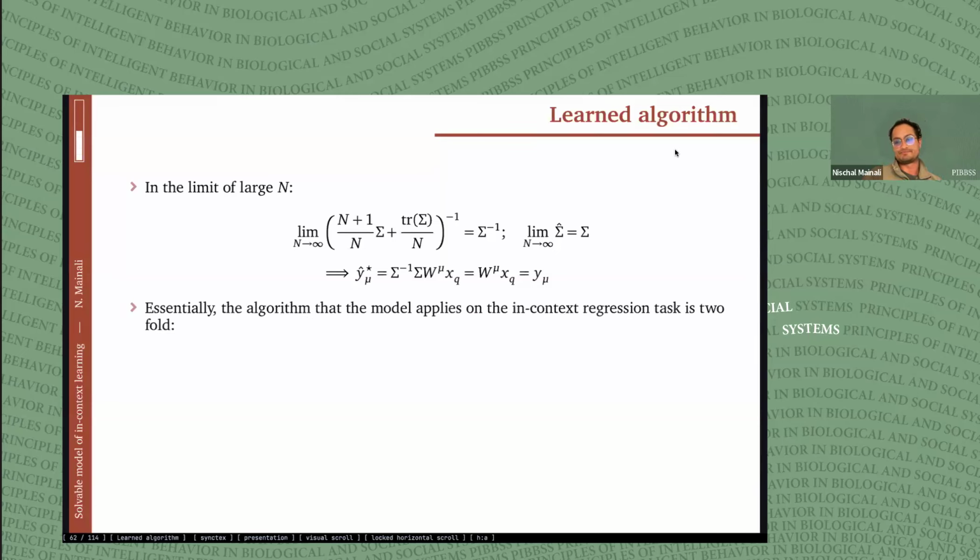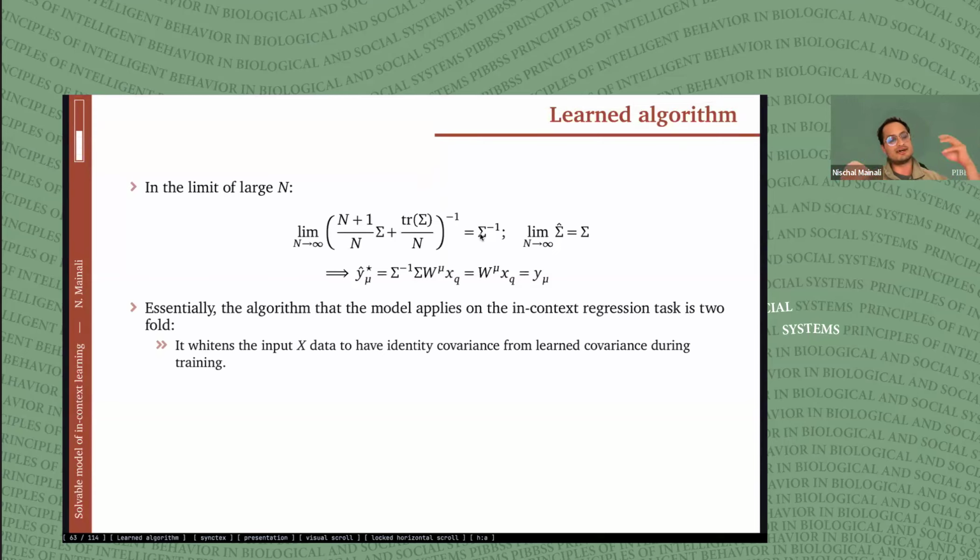And now we can try to reason about what exactly is this algorithm that learned to do in-context regression. The way I see it, there are two parts to it. The first is that it widens the input. This is this inverse part. So what it does is it looks at the data, and there are these X values, and it says there is some correlation between them. First, let me just remove this correlation. Let me just whiten the data. It does this by this fixed point quantity.